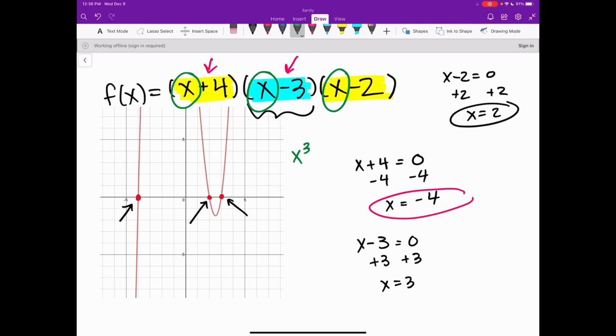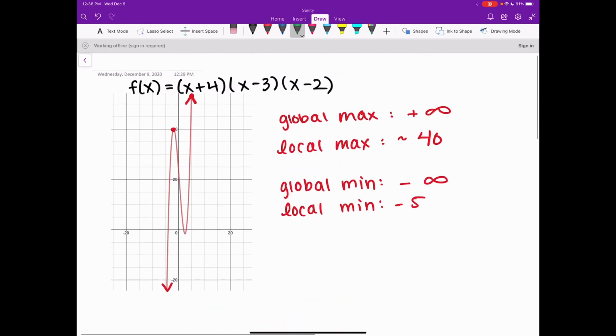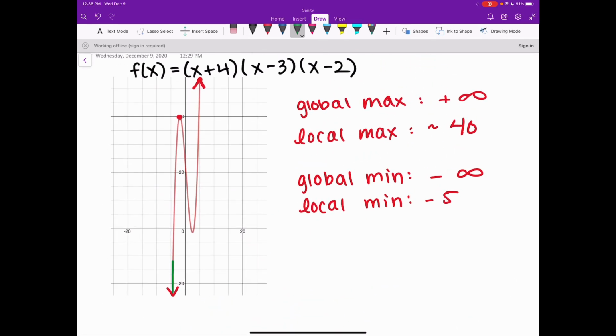So already I can tell you that the parent function of this thing is a cubic function because the degree of this thing is 3. Again, we have those 3 x's. If we had to multiply all that out, eventually you would have x to the 3rd power as one of your terms.